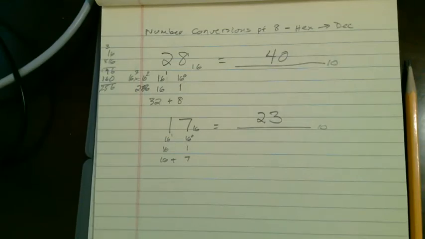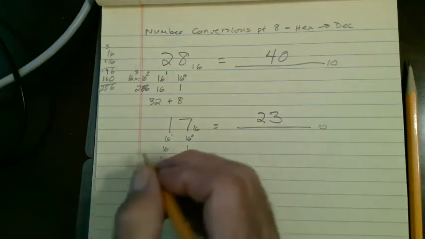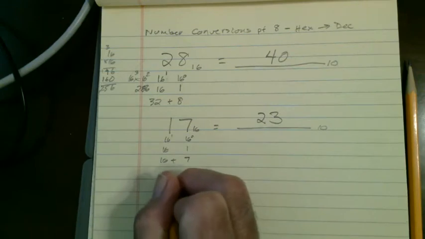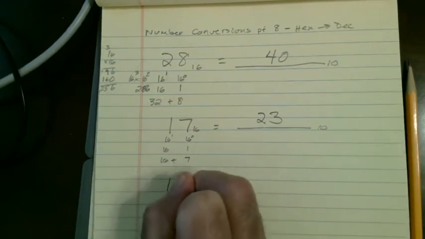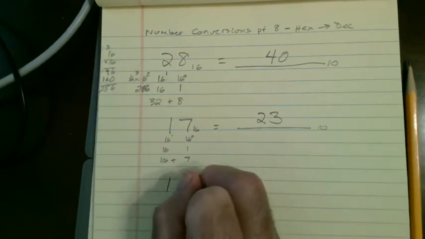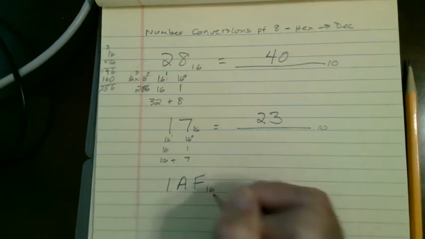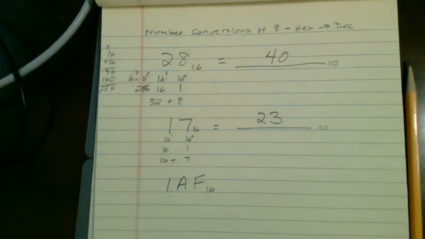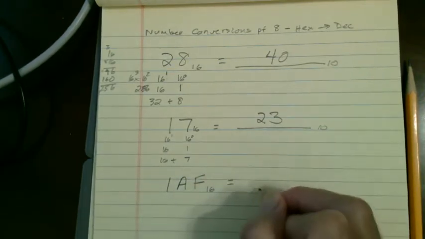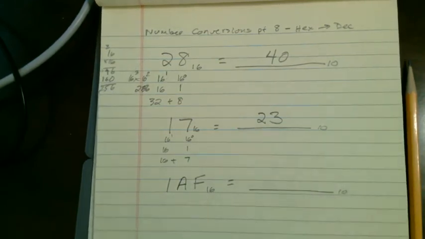Now, what gets a little bit harder is when you have hex digits that get into the letters. In other words, say I had a number like 1AF base 16, and I've got to figure out what that is as a decimal number.